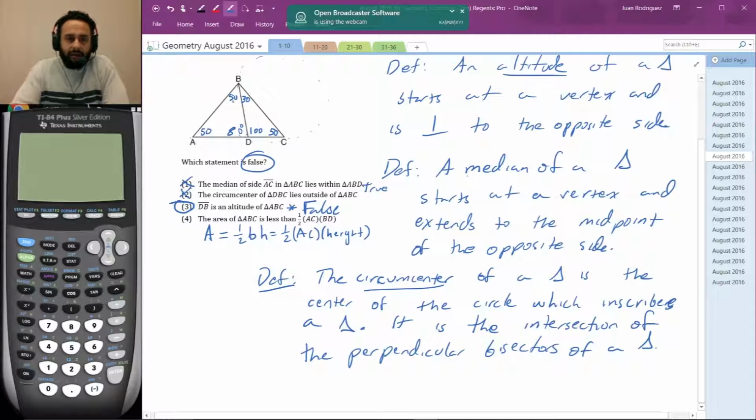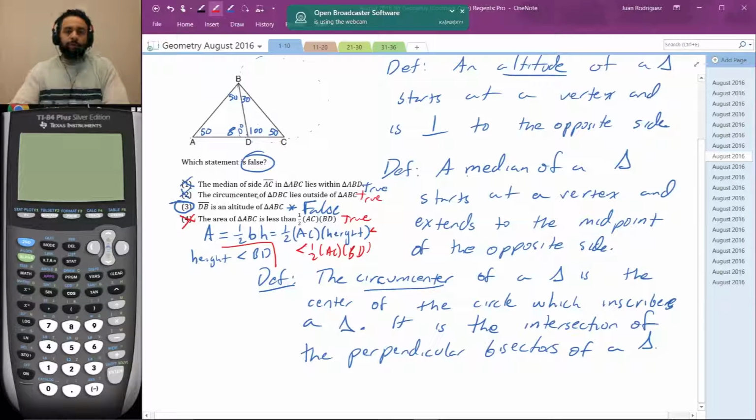But the altitude has to be less than the length of BD, because the altitude is the shortest distance from the vertex to the opposite side. So height is less than BD. So as a result, this quantity is less than 1/2 AC times BD. So this is in fact true, as is this. So choice 3 is false.